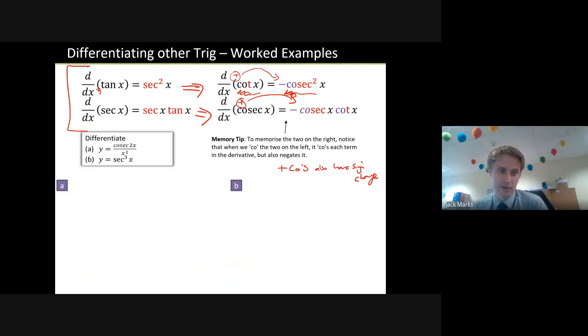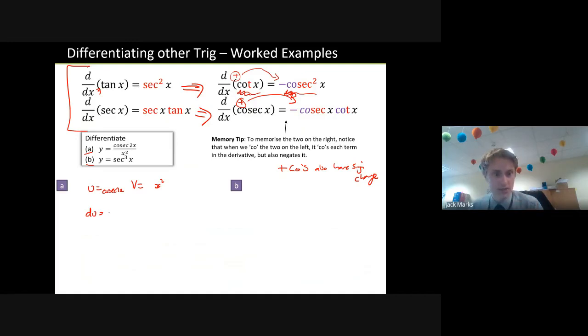And by knowing that, you can answer questions like these ones here. So cosec 2x, we don't need to overcomplicate it too much. It's a bit tricky because there's a quotient rule here. So let's do our u equals, v equals. u equals cosec 2x, v equals x squared. So du equals, well, what did the rule say? Sec becomes sec tan. If you add co's, you add co's.